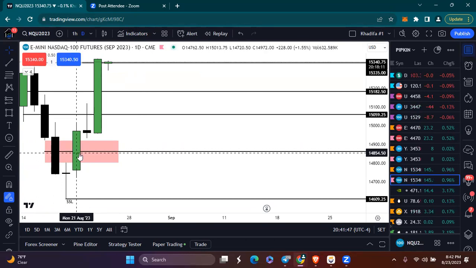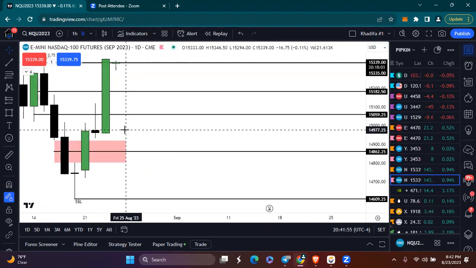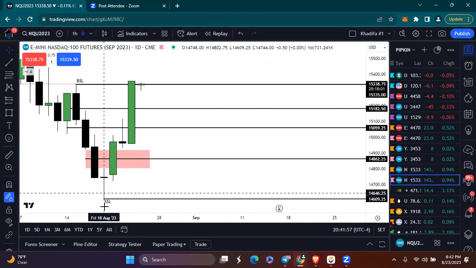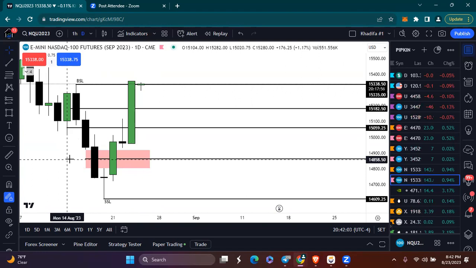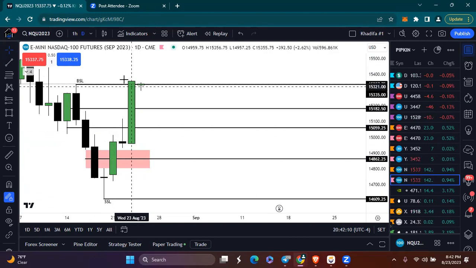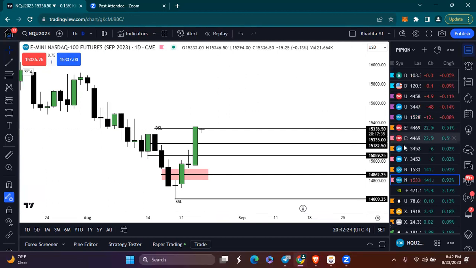If we got a break and close above it, then of course I wanted to see us run up into the weekly premium levels from last week's price range, and that's what we got. And with the Nvidia earnings today, they killed earnings. That's why we see this aggressive bullish candle here that ran through last week's premium levels and ran last week's buy side liquidity.